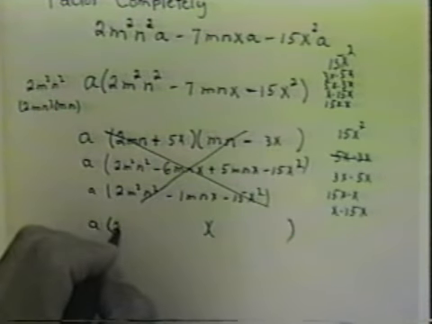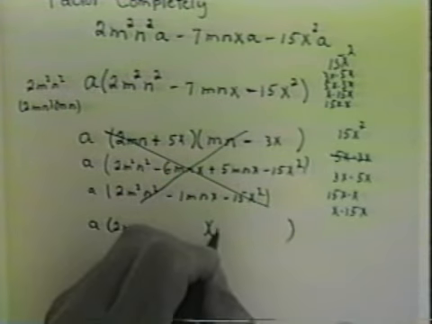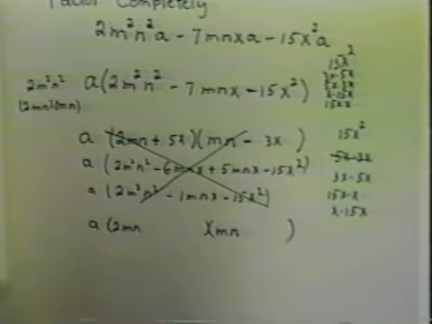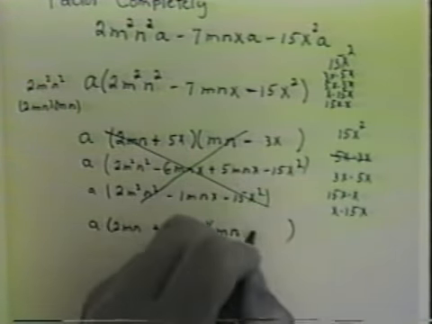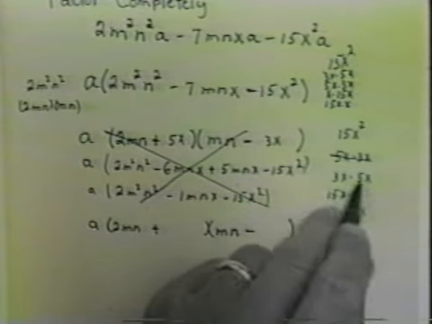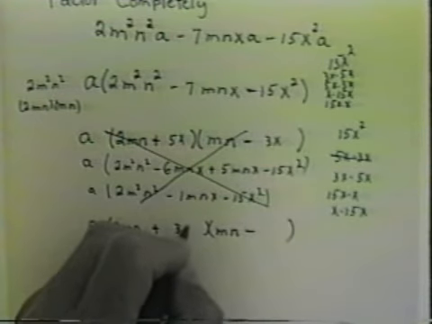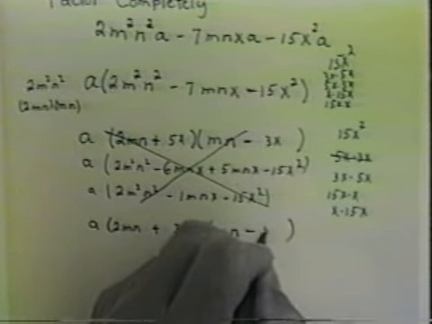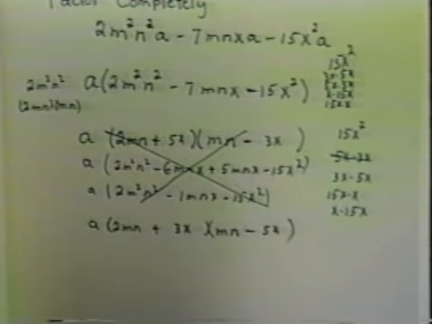We know that it's going to be 2mn and mn. We know the signs will be different. And since 5 and 3 didn't work, let's try 3 and 5. So we'll try 3x and 5x.